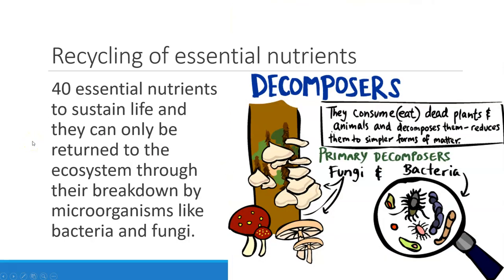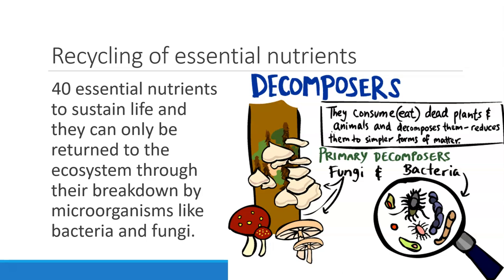Alright, one of the main important reasons that we're looking at microorganisms is that they are essential for recycling nutrients. There are 40 essential nutrients that sustain life on Earth, and they can only be returned to the ecosystem through their breakdown by microorganisms like bacteria and fungi.